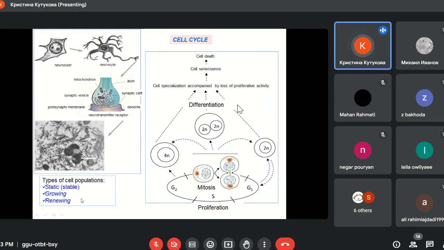Renewing means that this population of cells always has stem cells in it. It means that at any time we have stem cells that can divide and make more cells.